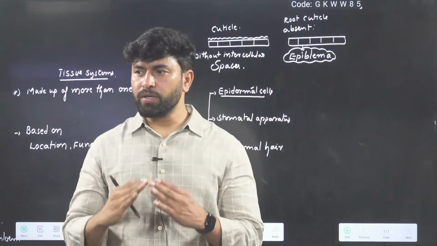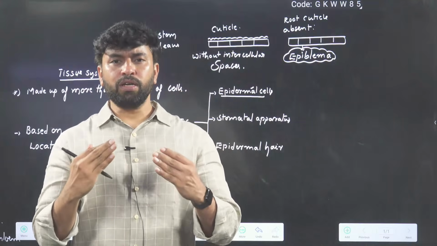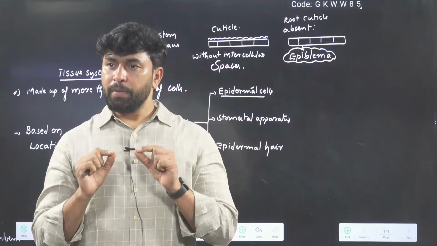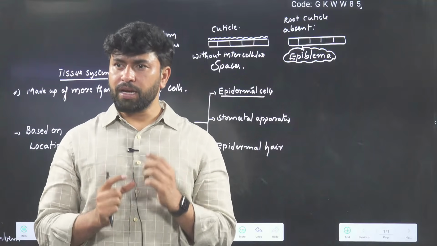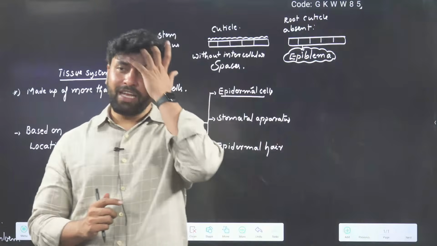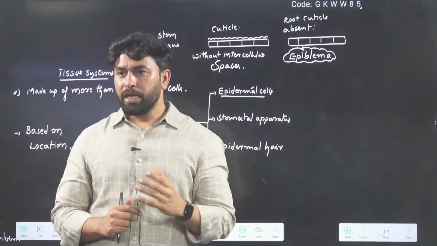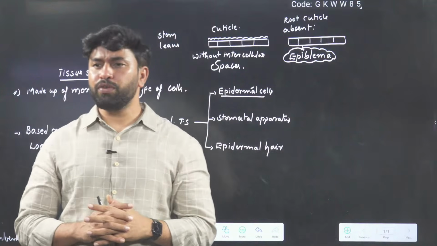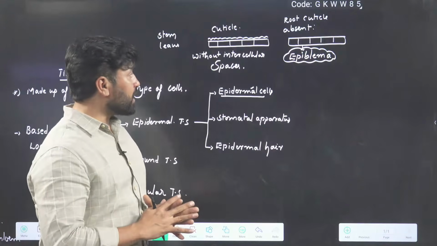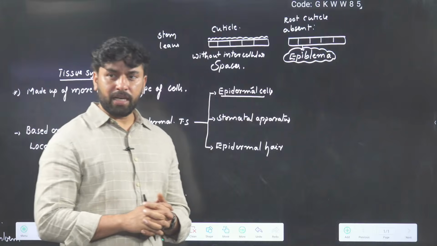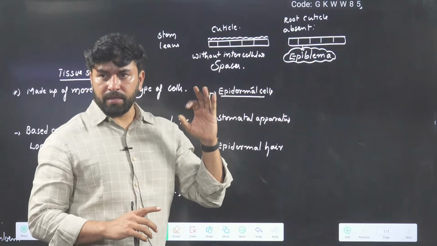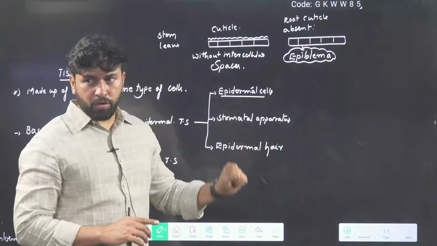Epiblema means outermost covering. The outermost covering of the root is nothing but epidermis. But the outermost covering of the stem is cuticle. Generally the layer of cells we call epidermis, but if you take the account, it is cuticle. Cuticle is absent in the root epidermis, so we call the root epidermis epiblema. Clear? Then go back to epidermal modification.